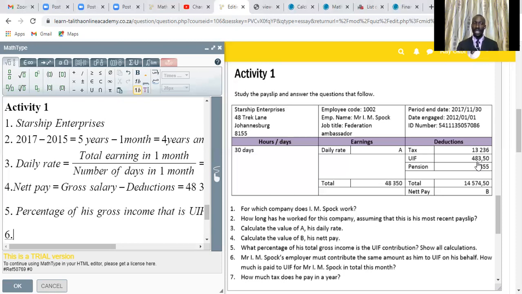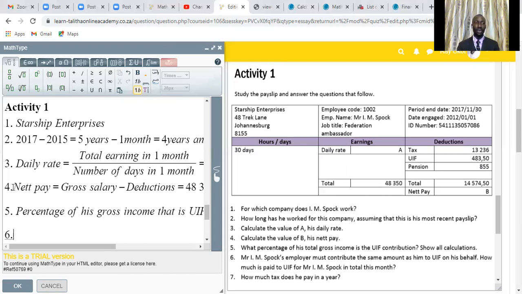What that means then is that he is in contribution getting a double. He is contributing the same as his employer, and so he is getting a double.